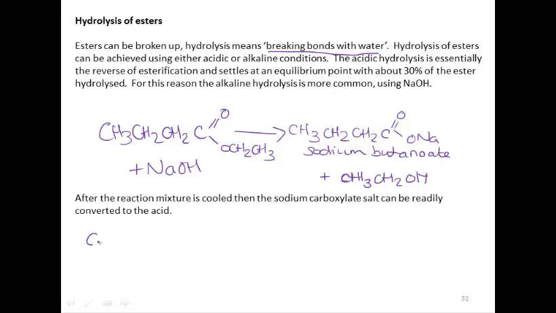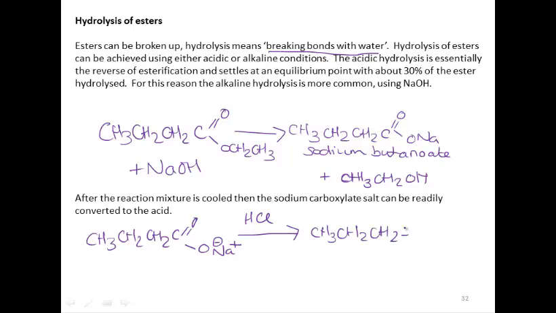So let's take the one we've had earlier on. Let's say we add HCl. Leaving us with an acid and salt.